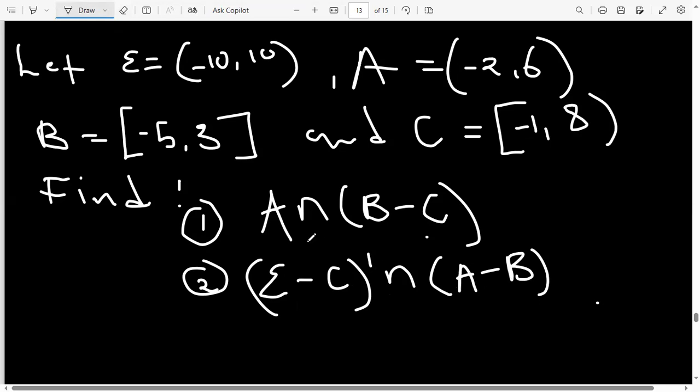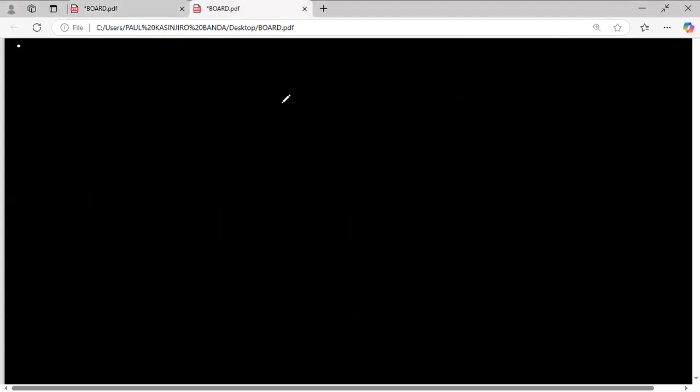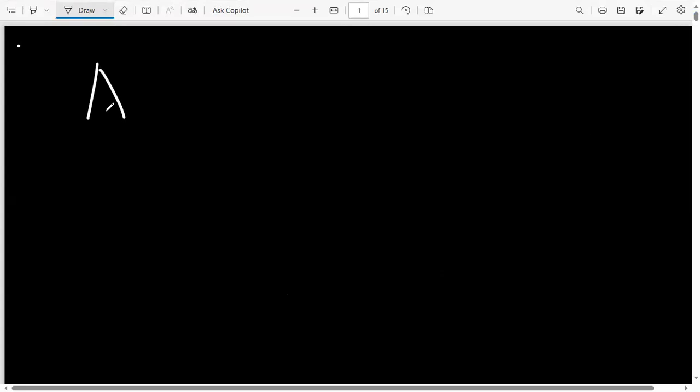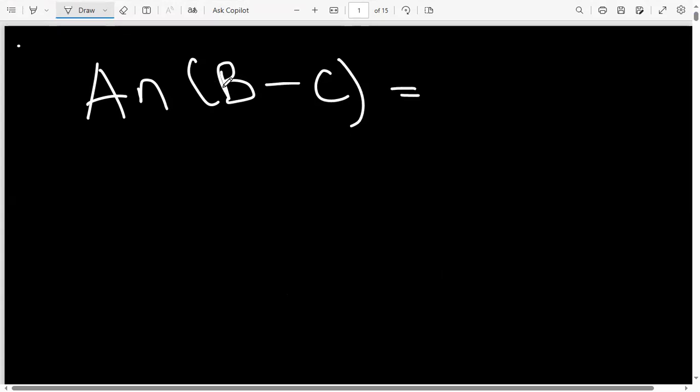Okay. So for us to find this A intersection B minus C, we first have to simplify whatever we have inside these brackets. So I'll get this and put it on the board here. We have A intersection, and then we have B minus C. So let's simplify this. We know that the difference of sets is the same as B intersection C complement.